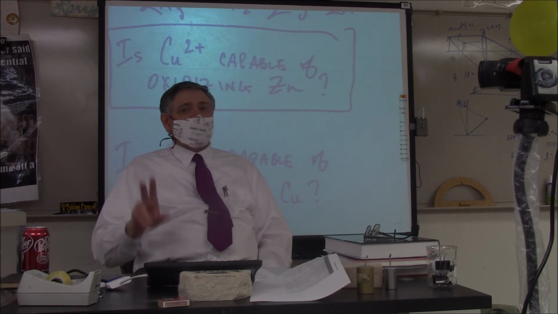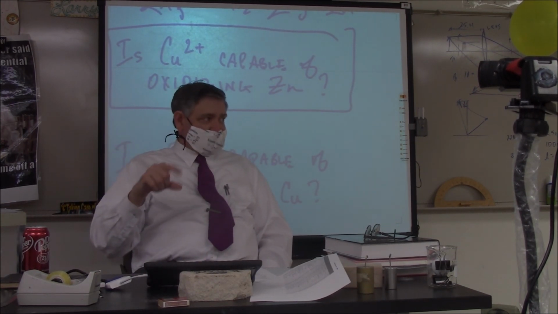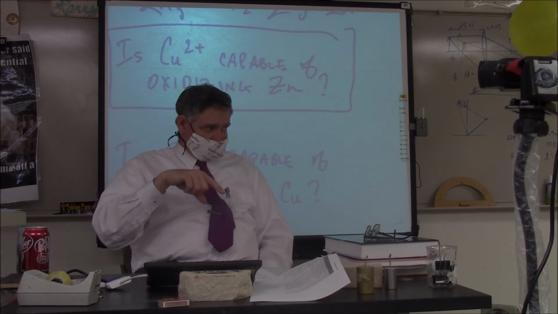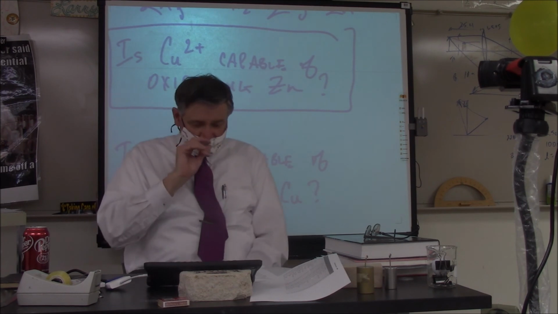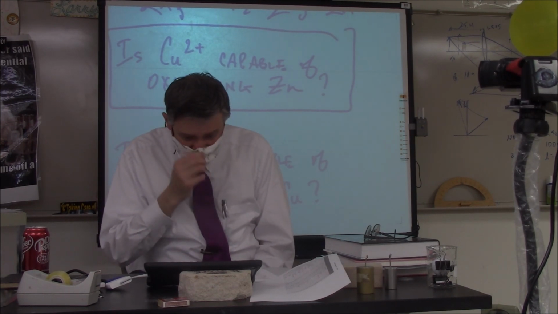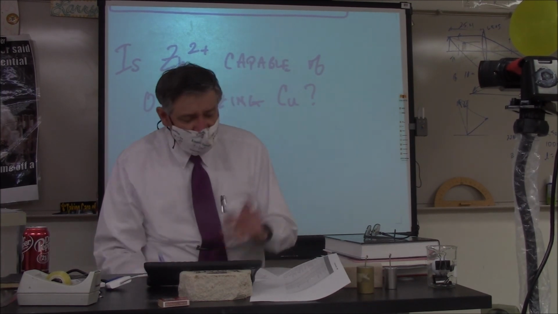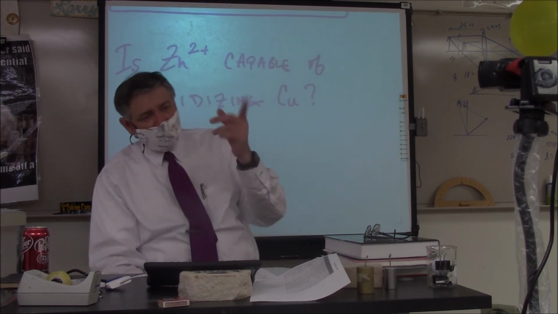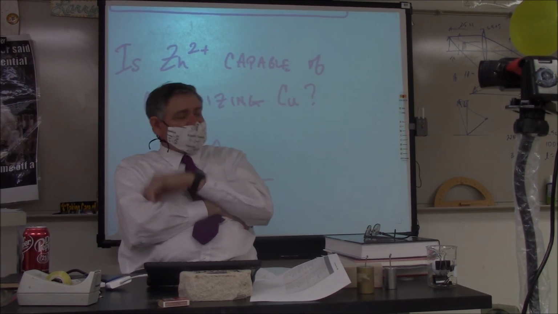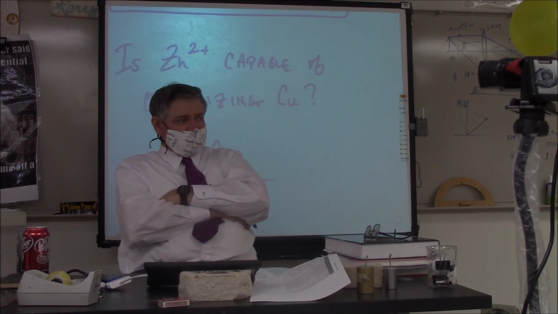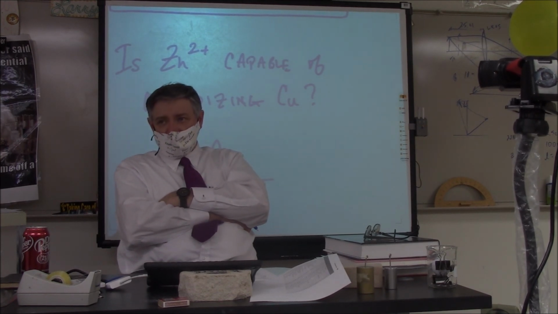Well, if it's an oxidizing agent, what does it want to do? Reduce, which means it wants to gain electrons. Now, let's think this through. Do you think elemental silver would be a good oxidizing agent? If you said silver was a good oxidizing agent, what are you telling me it's willing to do?